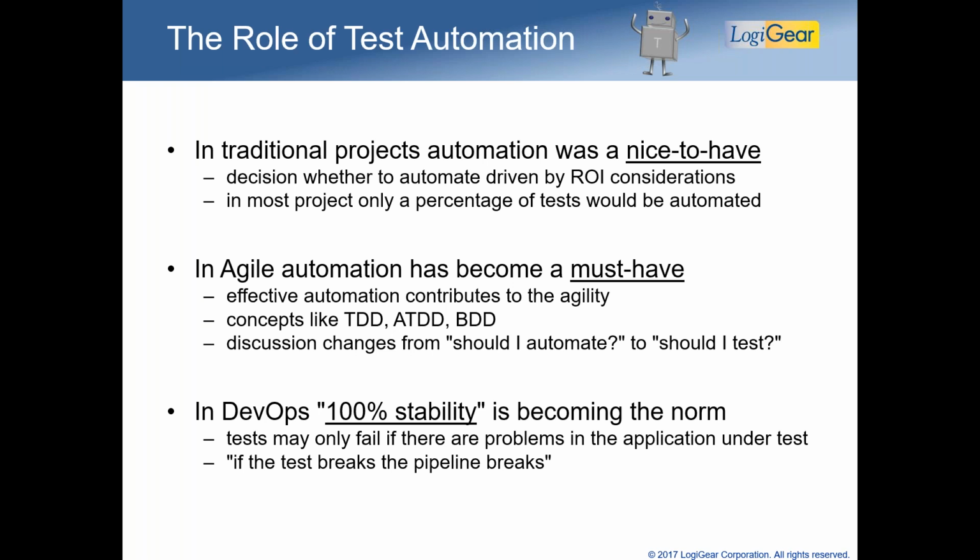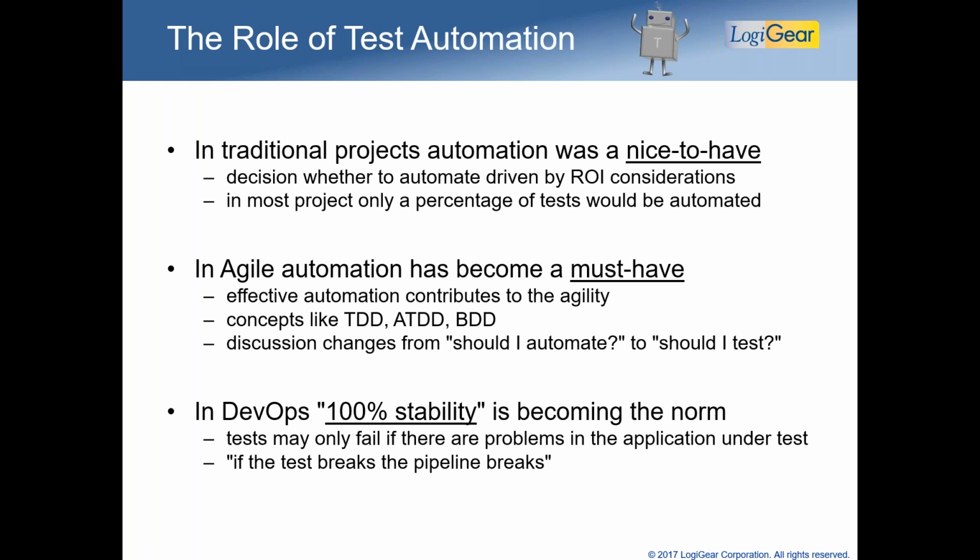You don't have to worry about having to test everything manually again. Automation is much more a must-have. I don't hear these discussions anymore, should I automate or should I not automate? Ideally, that focus is now shifting to: should I test? Is this something I need to test? Is that something I probably don't need to test? How thorough does the test need to be? And what should I involve?